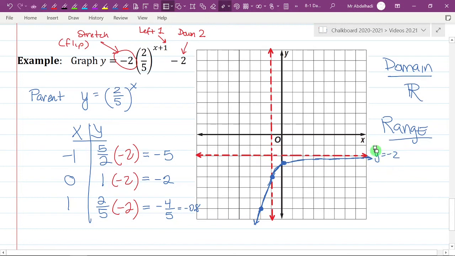But this line right here is y equals negative 2. And we're below it. So I want all the y's that are below negative 2 but not equal to. So I say y is less than. All the other ones were greater than. This one's less than negative 2. Okay? That's everything. See you at the next video.